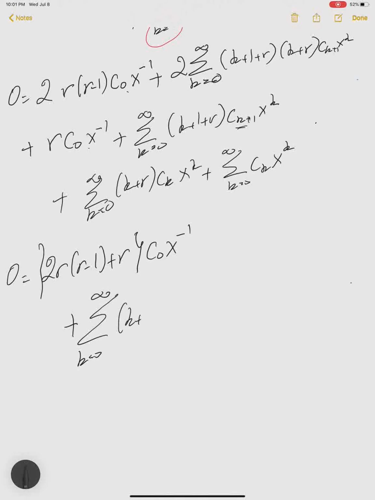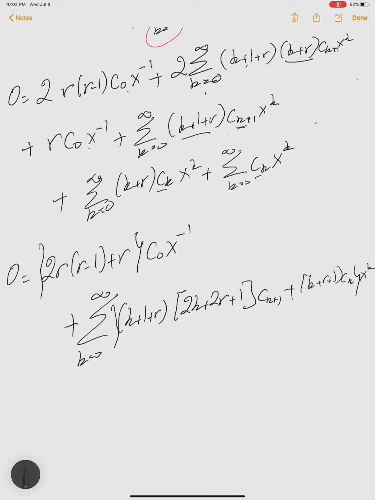You have (k + 1 + r) into this plus this. So this is (2k + 2r + 1). I took (k + 1 + r) as common factor here and here, times c_(k+1), plus, what about the multiple of c_k? It's (k + r + 1) c_k, and everything is multiplied by x^k.